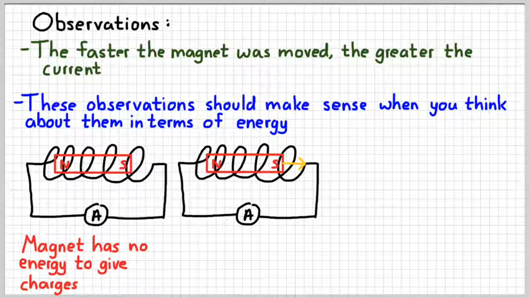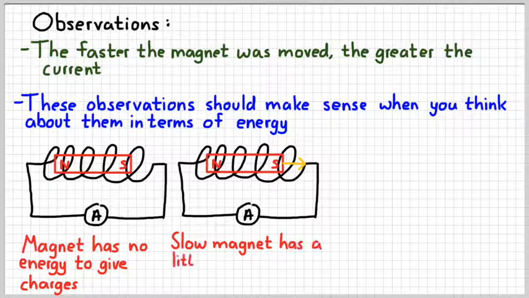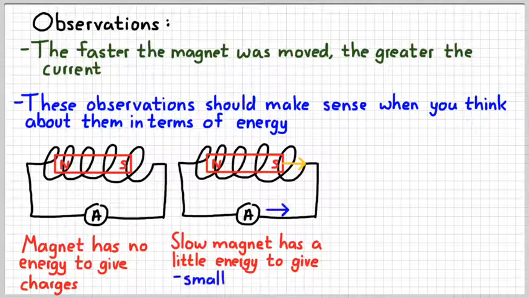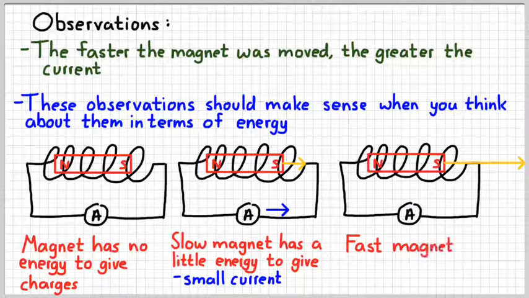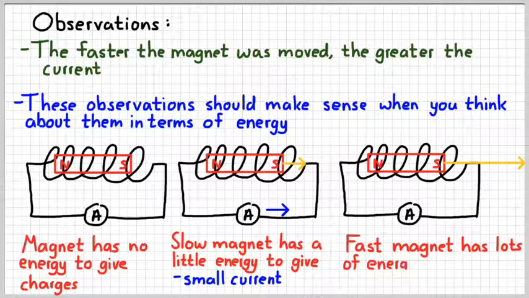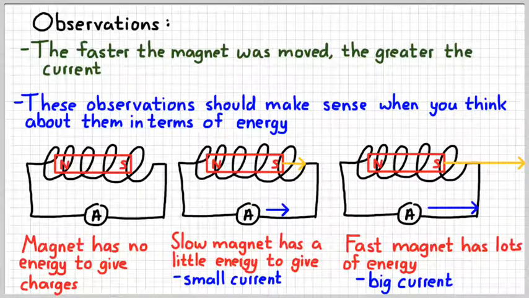When the magnet's moving slowly, it's got a little bit of energy, meaning it can do a little bit of work on the charges. And so we would observe a small current. And it's not until the magnet is moving rapidly, so at a high speed, that it has a lot of energy, and therefore is capable of generating a big current. And so if you think about this in terms of energy, then those observations should make sense.